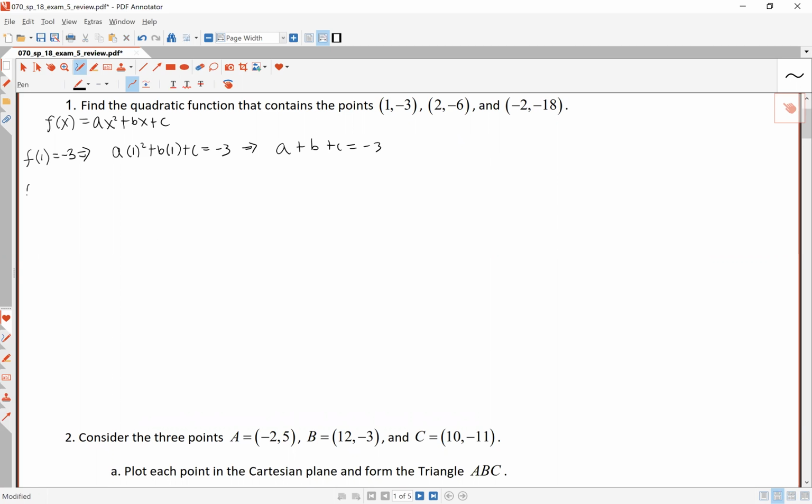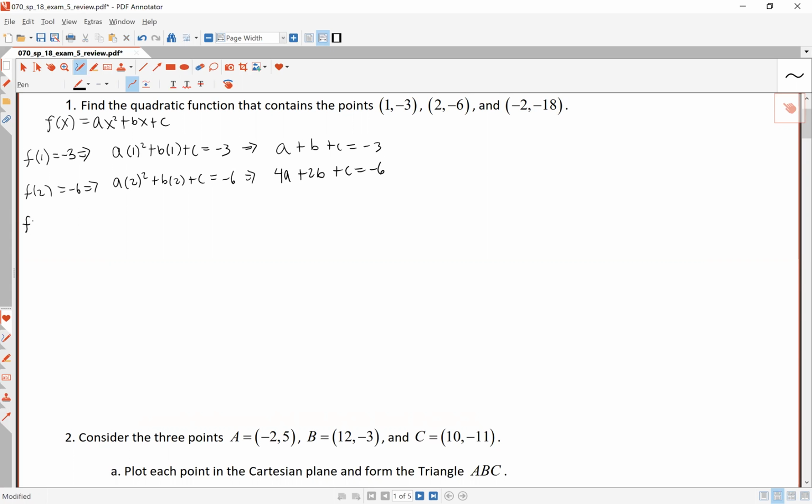The second ordered pair says f of 2 is -6. So that says that a times 2 squared plus b times 2 plus c equals -6. 2 squared is 4, so 4a plus 2b plus c equals -6.